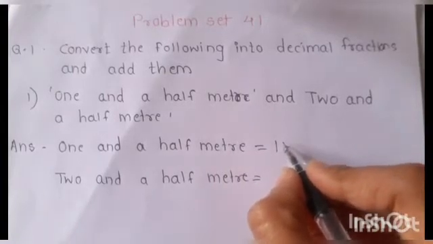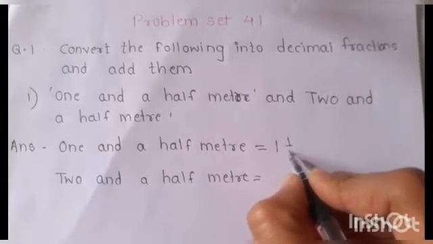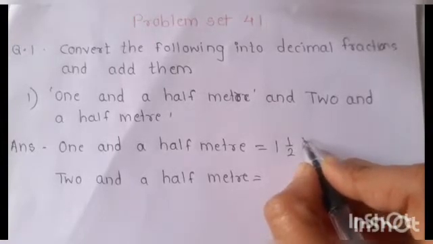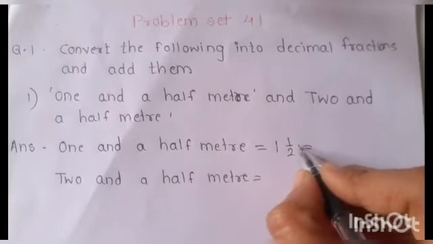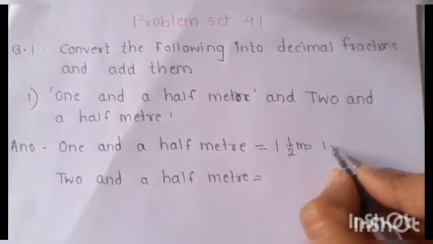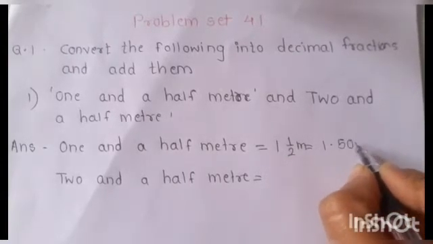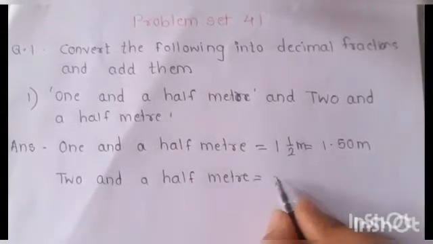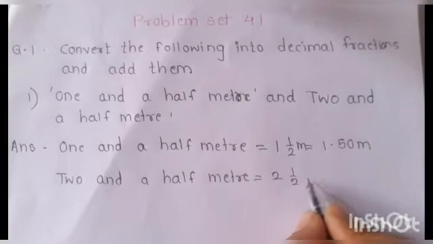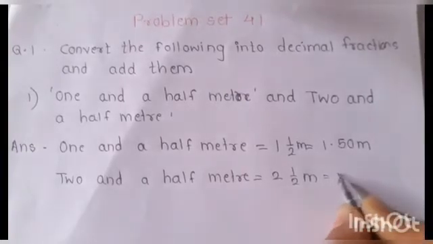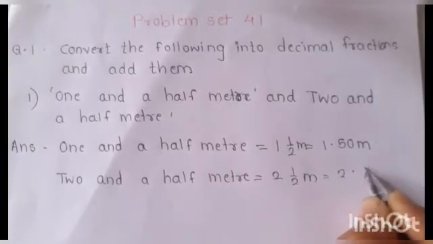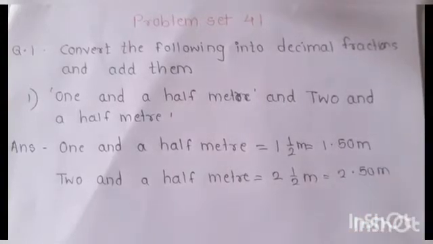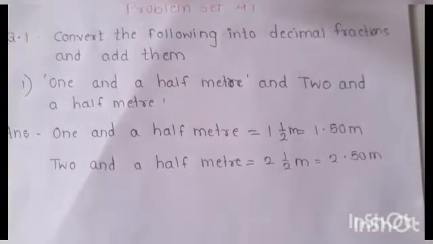Half means 1/2, that is equal to 0.5. So you will write 1.50 meter. 2 whole number half meter is equal to 2.50 meter.